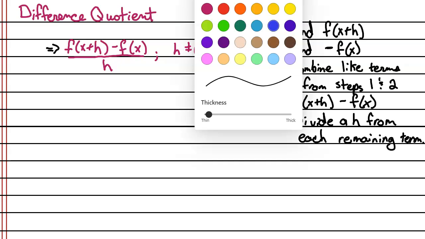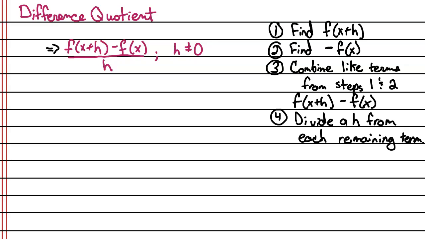Now let's look at an example of this and see what I mean by doing these steps. So let's start: if I have the function f of x is equal to negative 6x plus 5.